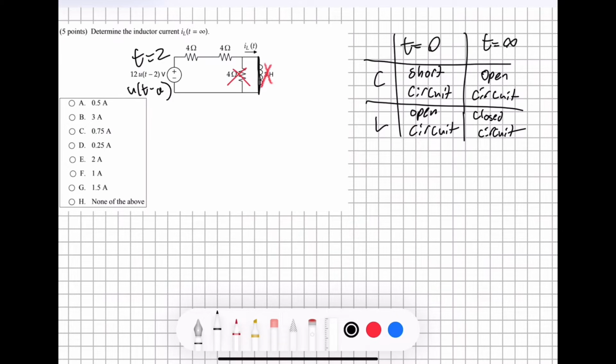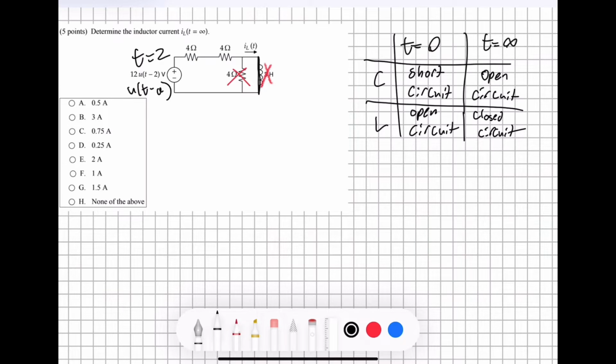We'll say that's A. So we know that A equals 2, which means that at 2 seconds, that's when the voltage source turns on. So before 2 seconds, the voltage is going to be equal to 0, and this is going to behave like a short circuit.